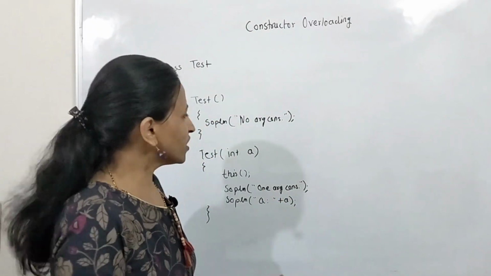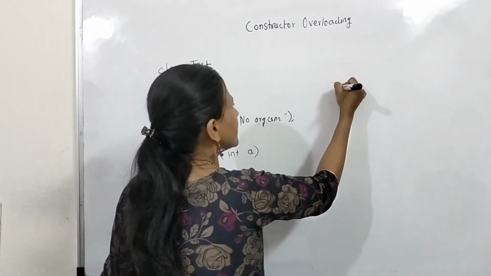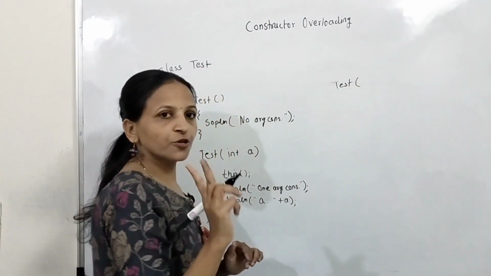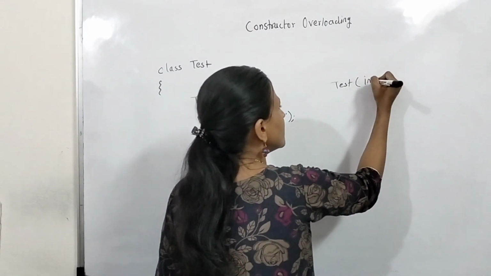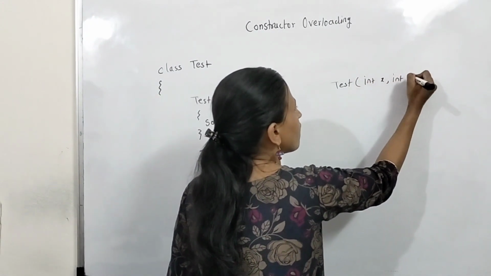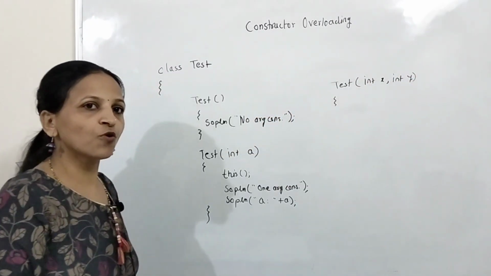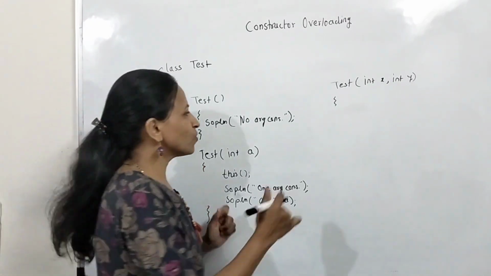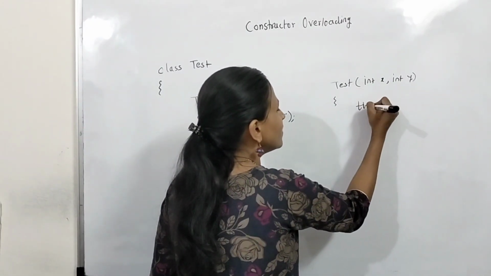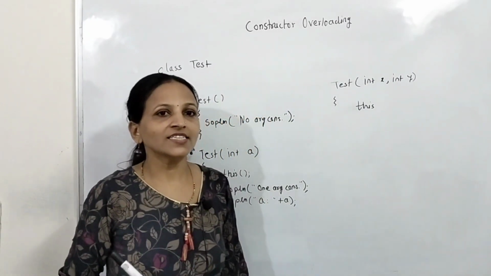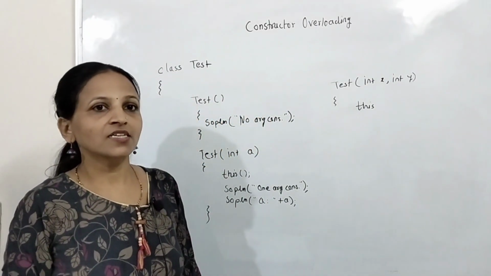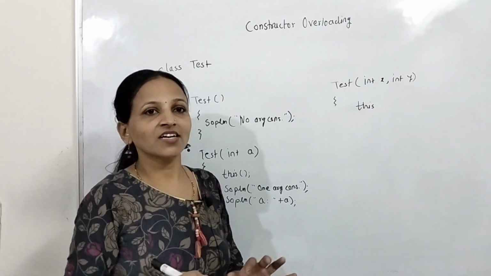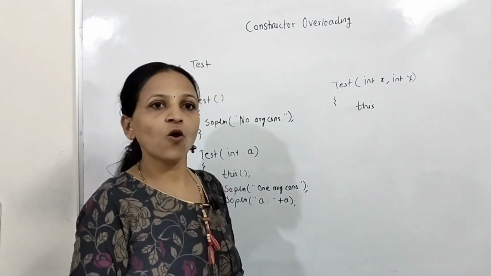Okay, that's it. One more constructor we can write like this, again Test, and let's say I am passing two arguments here, integer x, integer y. Now here I just want to call this constructor. How to call? Simple, using the this keyword. For calling a same class constructor, we can use this keyword just like a method call.